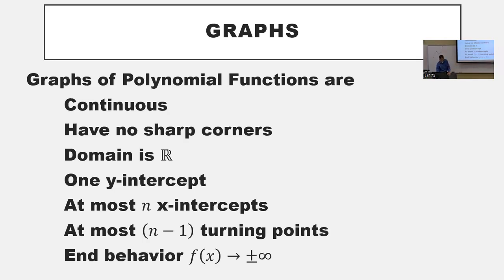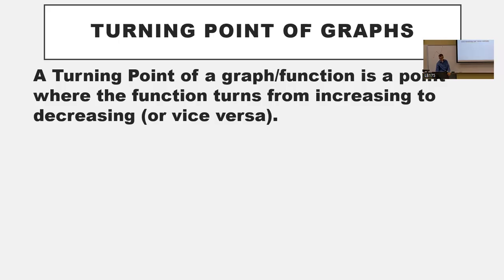Turning points are those local minimums and maximums where we change from increasing to decreasing, or vice versa. Right? So that's what this slide says. A turning point is the point where the function turns from increasing to decreasing, or vice versa.